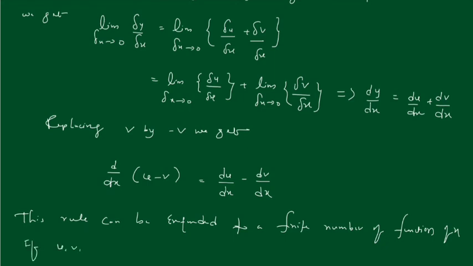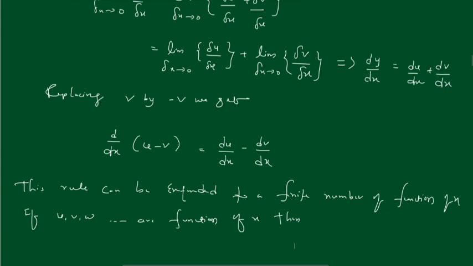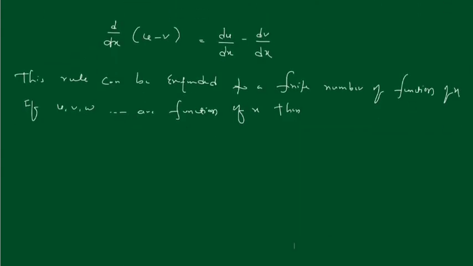If u, v, w are functions of x, then d by dx of u plus v plus w and so on is du by dx plus dv by dx plus dw by dx and so on, right?